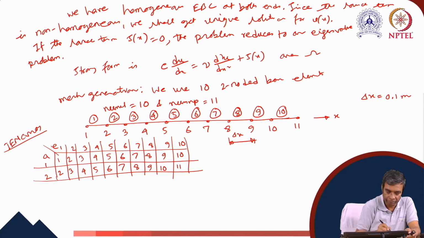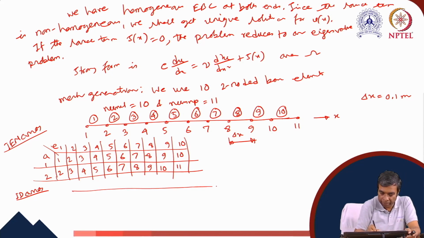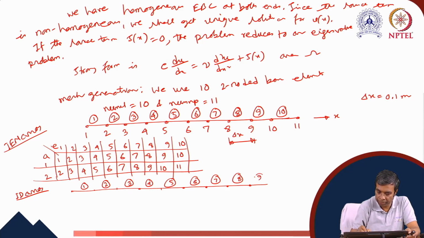Now we generate the ID array. So for ID array, we make the mesh once more. So element 1, element 2, element 3, element 4, element 5, element 6, element 7, element 8, element 9, and finally we shall have here element 10.